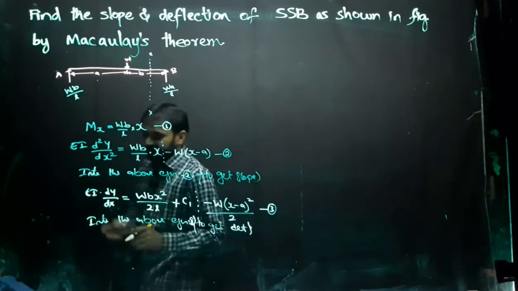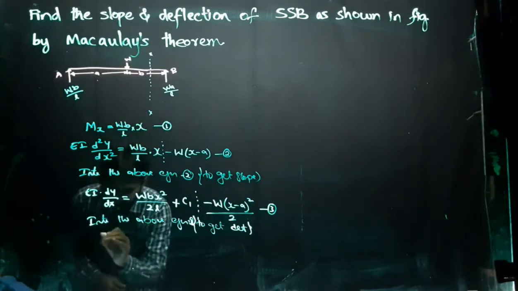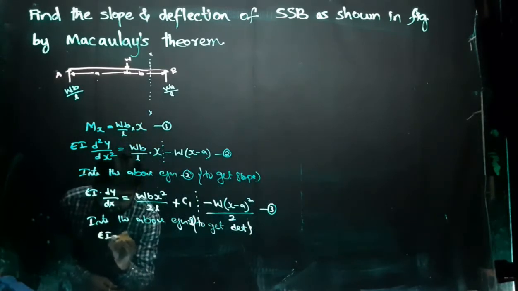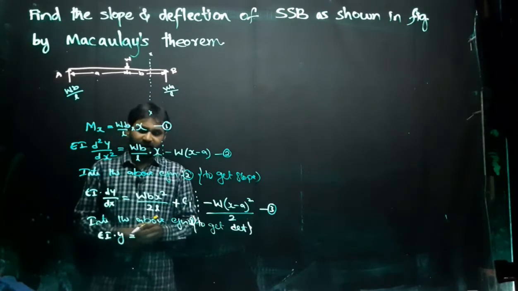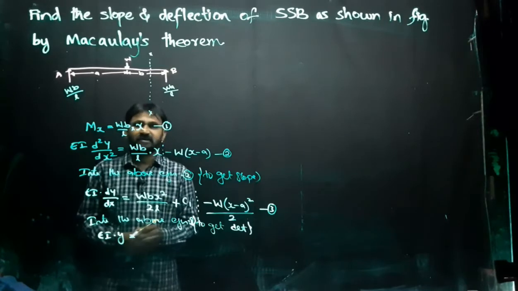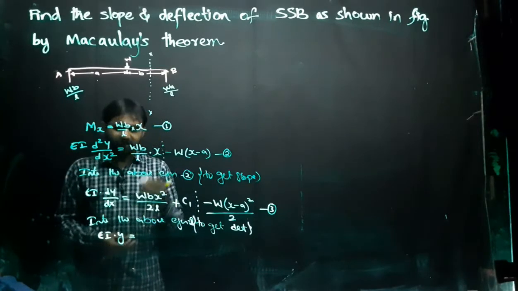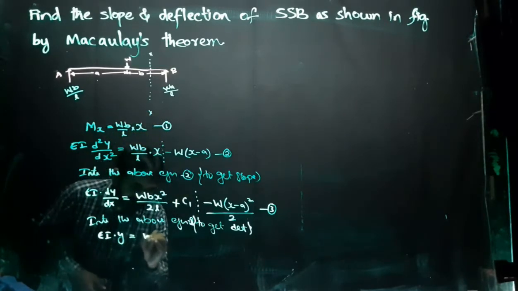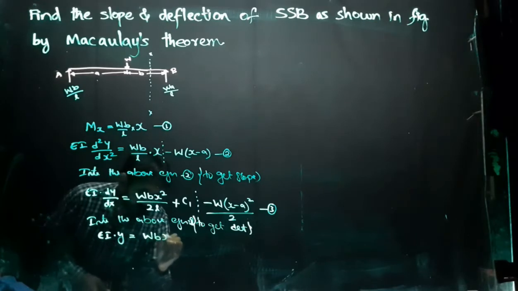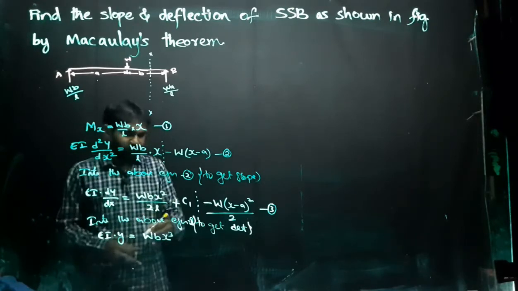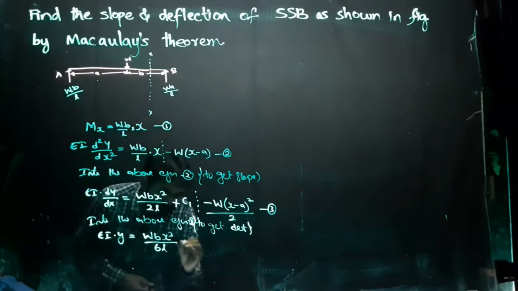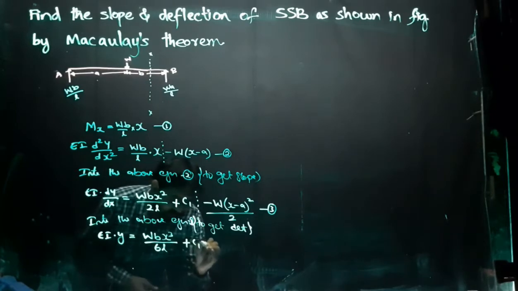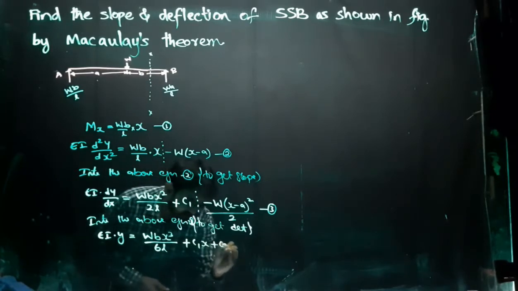So EI into y is equal to the integration of WB by L x square, and the integration of x square is x cube by 3, so WB into x cube by 3 into 2, that is 6L. The integration of C1 will be plus C1 x plus, again you will get C2.